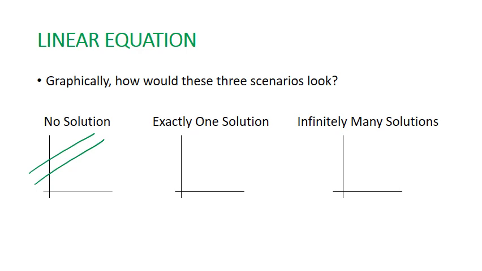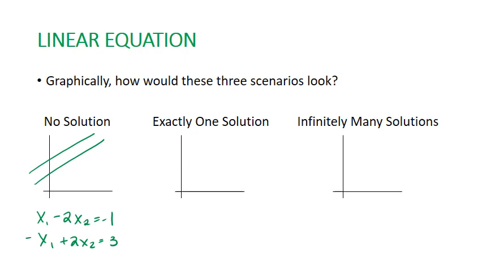An example of a system with no solution would be x1 minus 2x2 is equal to -1, and negative x1 plus 2x2 is equal to 3. If you solve this, you'll find that you get 0 on the left-hand side is equal to 2, which is a false statement.